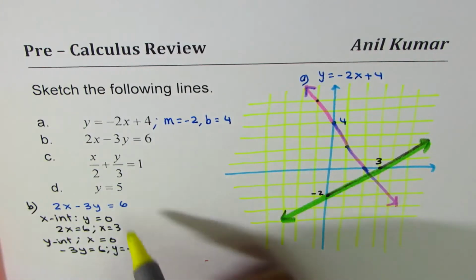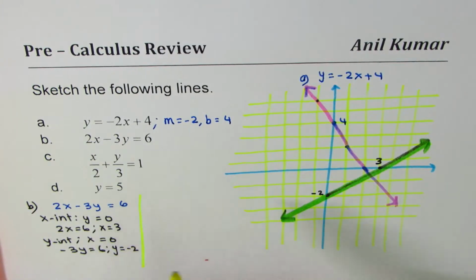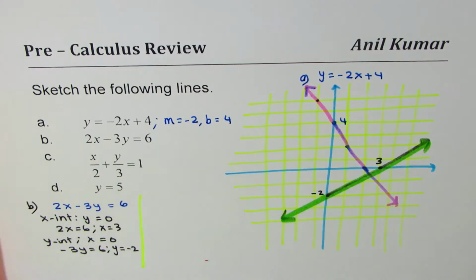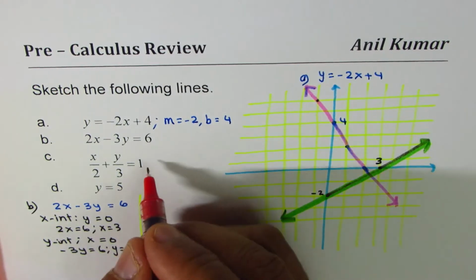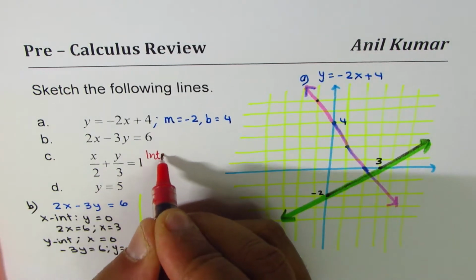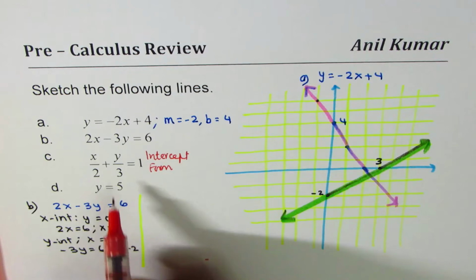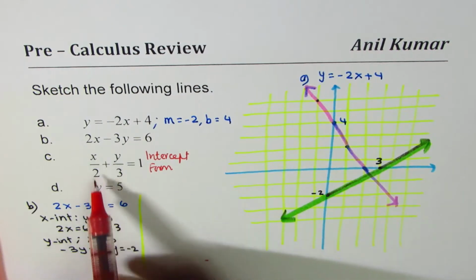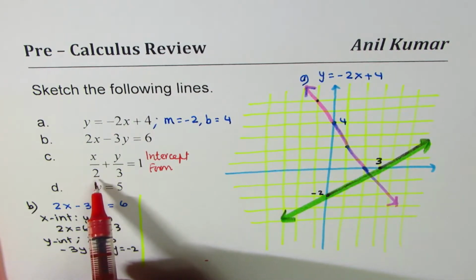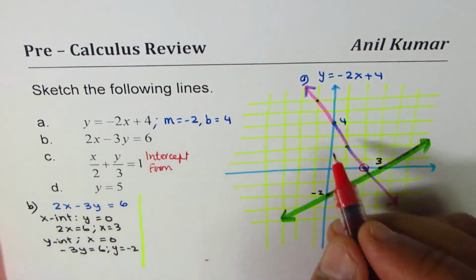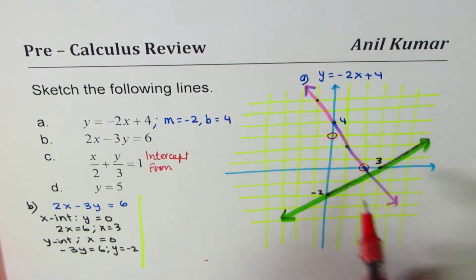Now let's see how to sketch part C, which is x over 2 plus y over 3 equals 1. And this is a very interesting equation. We call this intercept form. You can read the x and y intercepts. X-intercept is 2 in this case, and y-intercept is 3, which is here.